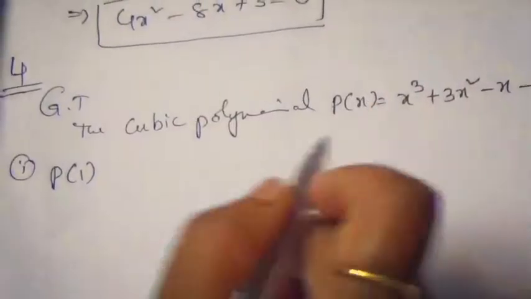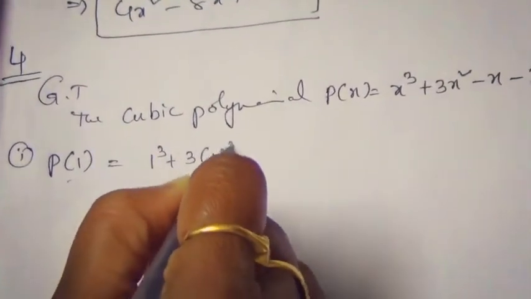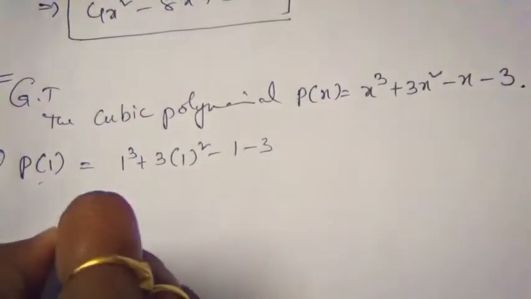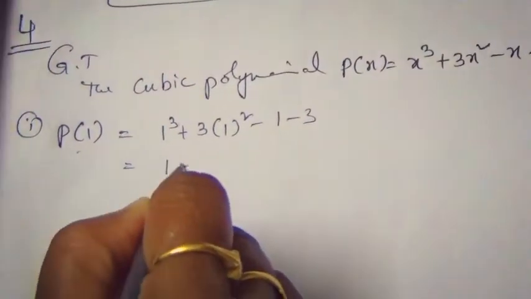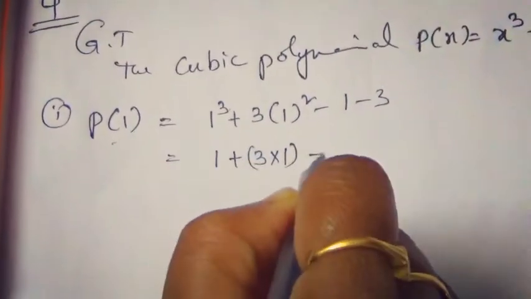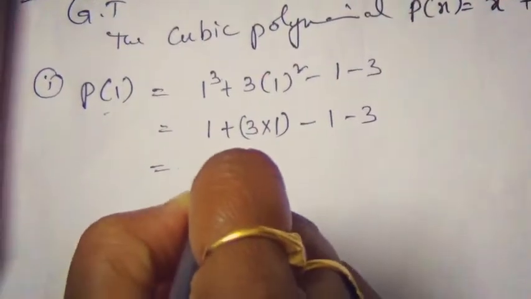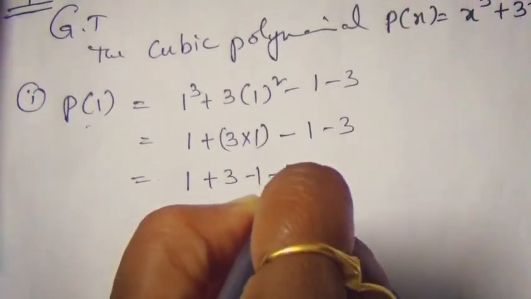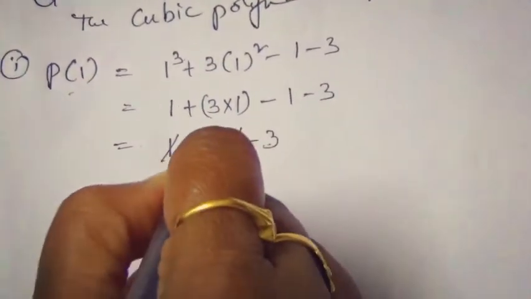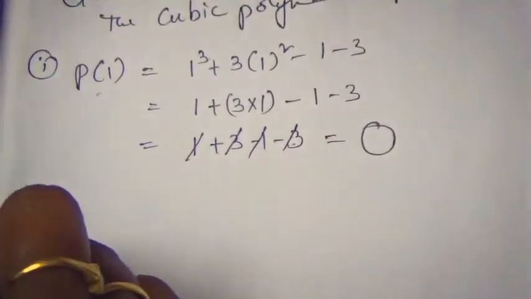We have to check whether these numbers give the 0 or not. p of 1 is 1 cube plus 3 of 1 square minus 1 minus 3. That is equal to 1 cube means 1 and 3 of 1 square means 3 into 1, minus 1 minus 3. That is equal to 1 plus 3 minus 1 minus 3, which is 1 minus 1 plus 3 minus 3, that is equal to 0. Yes, it is a 0 of the given polynomial.